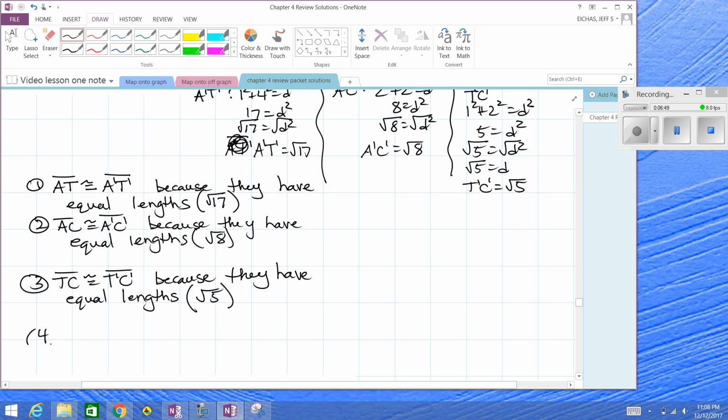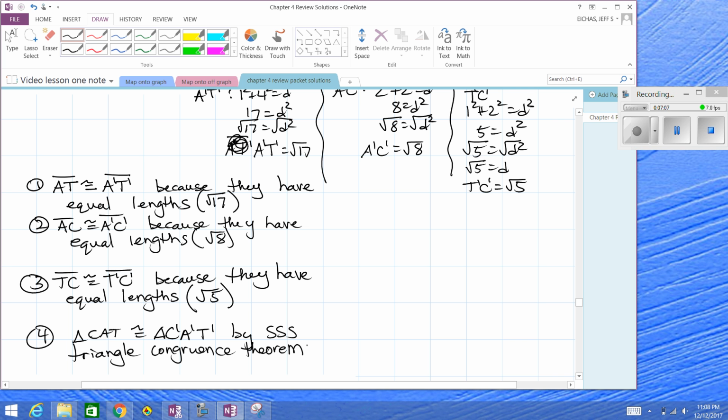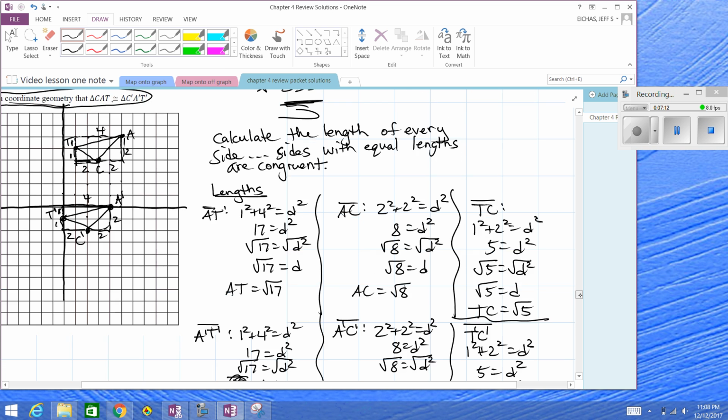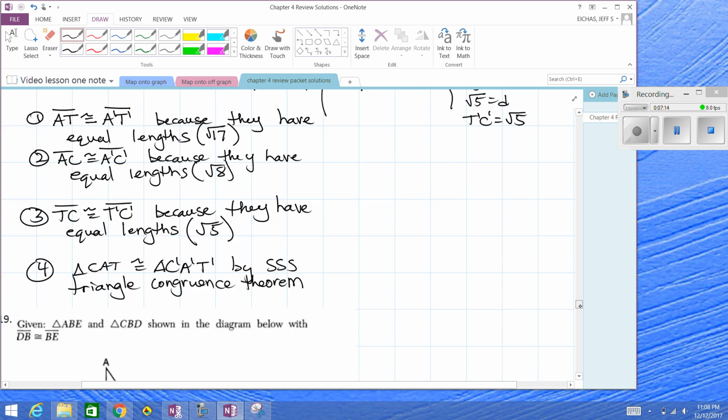Now, why are the triangles congruent? Now we get to say by side, side, side triangle congruence theorem. Okay, so there is one example of proof using coordinate geometry.